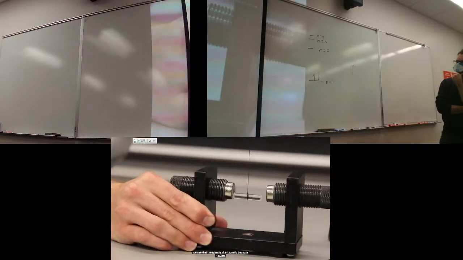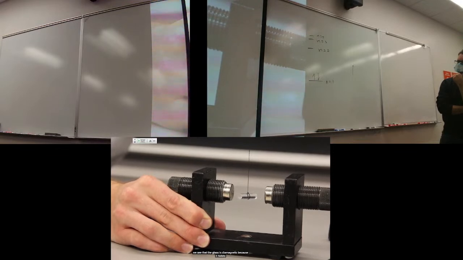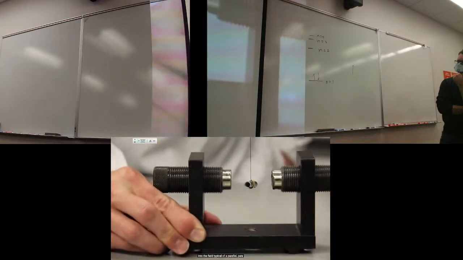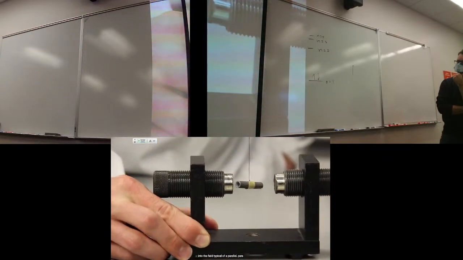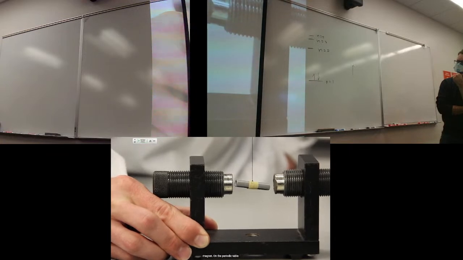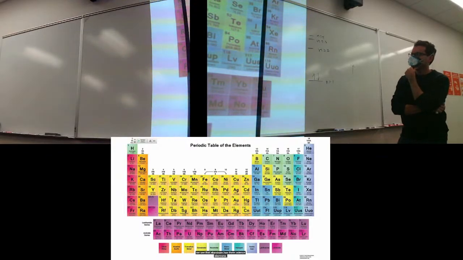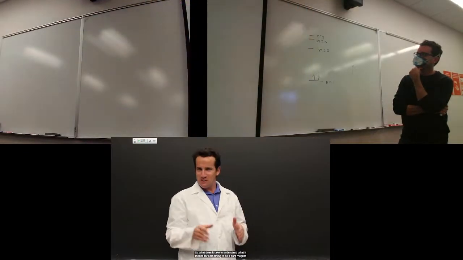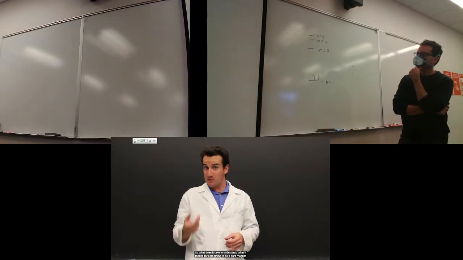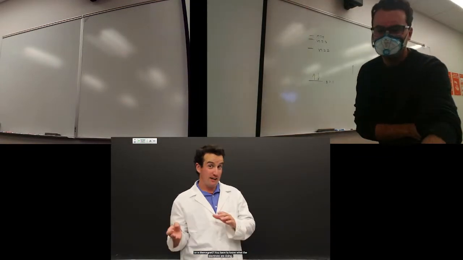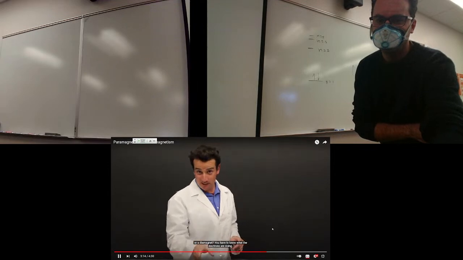Here, we see that the glass is diamagnetic because it twists to get to the weaker magnetic field. But aluminum rotates into the field, typical of a parallel paramagnet. On the periodic table, we see that aluminum has 3 valence electrons. So what does it take to understand what it means for something to be a paramagnet or a diamagnet? You have to know what the electrons are doing.